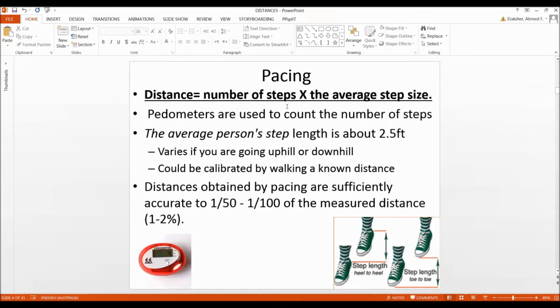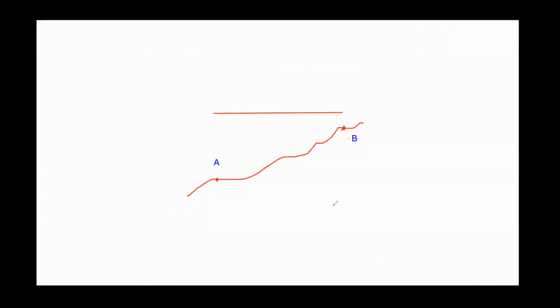Okay, with pacing, we did our pacing in the labs. Most people have a pace distance, or what we call the step length, of about 2 to 3 feet, and it really varies if you are going uphill or downhill. A good way, as we did in our labs, is to define 2 points, measure the distance between them with a tape, and then pace a couple of times, take the average number of paces and define your average step length.